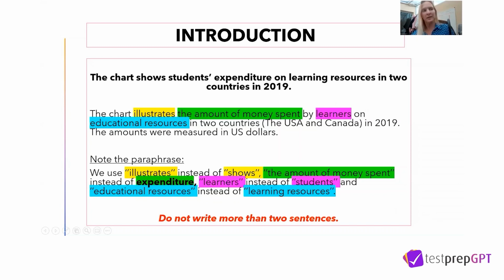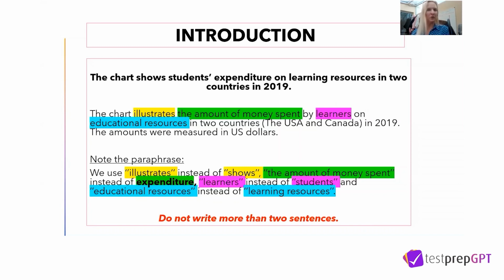The main difference is that I've added information about the countries, the USA and Canada, and the year, because you want to give the reader all the facts, all the information: the place, the year, the currency, or the units that were measured.